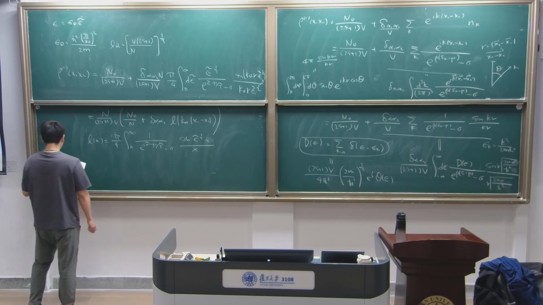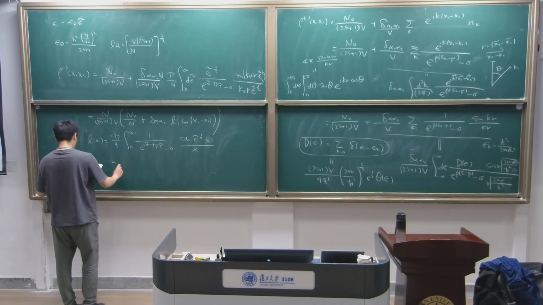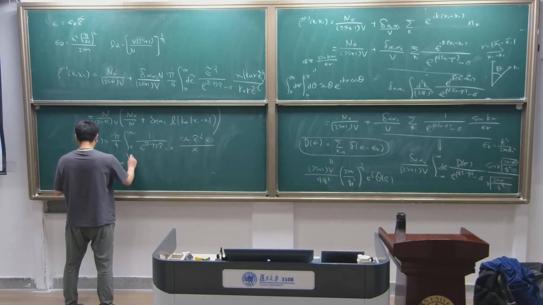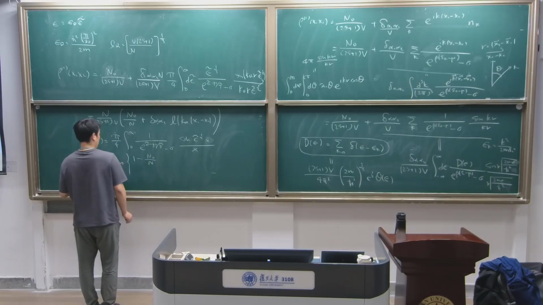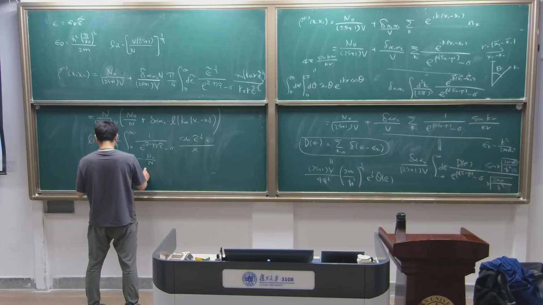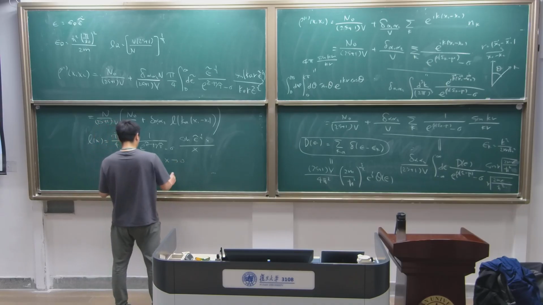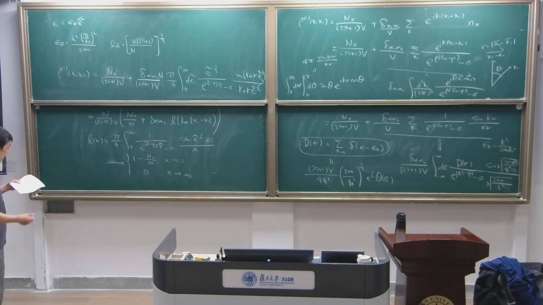And if you consider the limiting behavior of L of x, the behavior is as follows: 1 minus n 0 divided by n, and 0, where x goes to 0 and x goes to infinity. How does it behave when x goes to 0, or x goes to infinity?